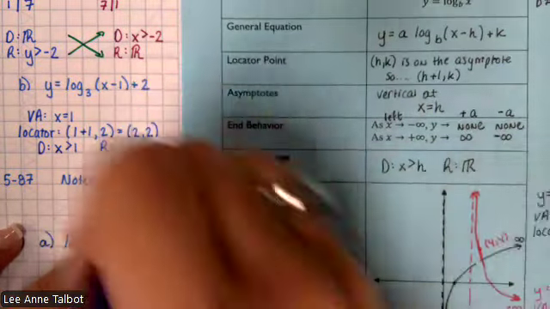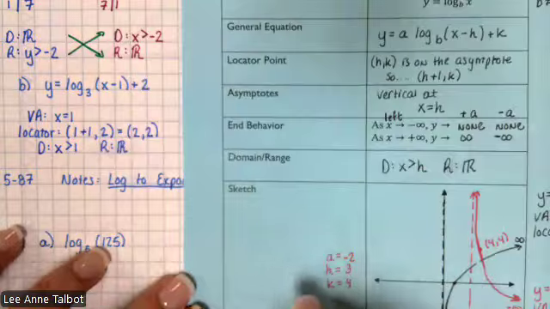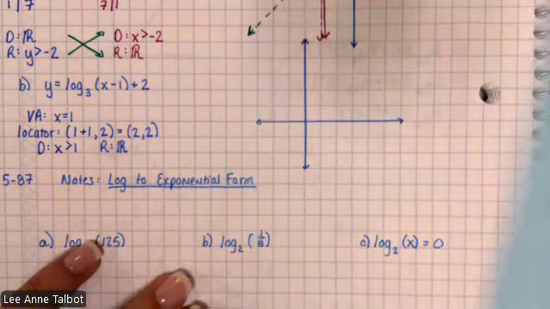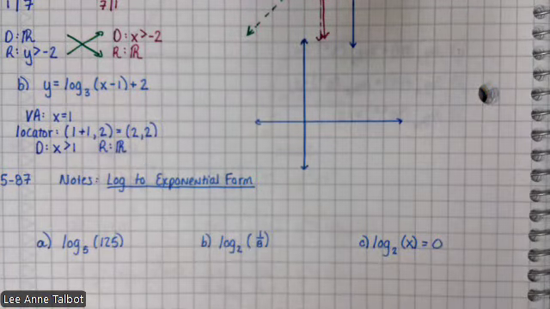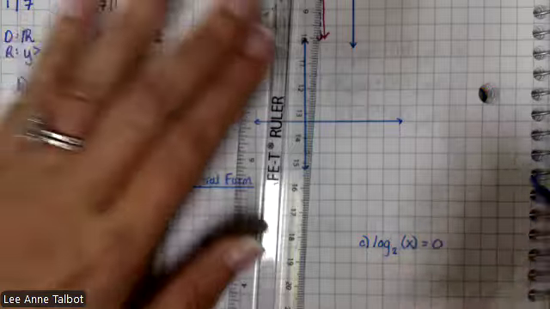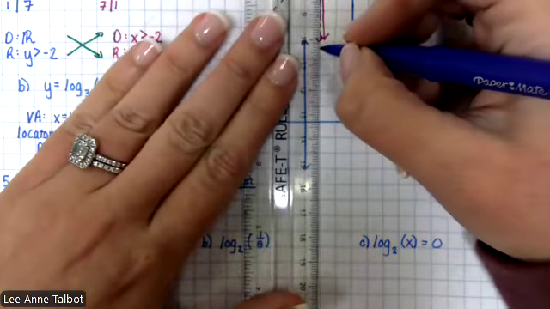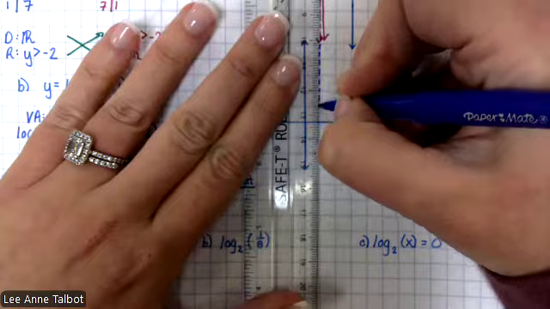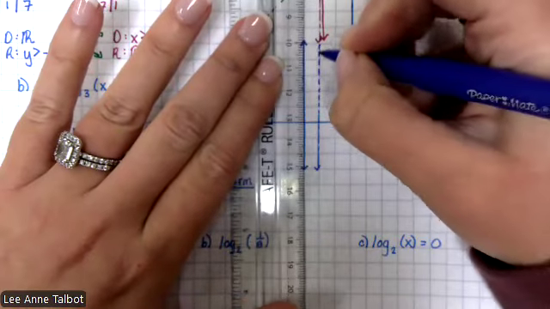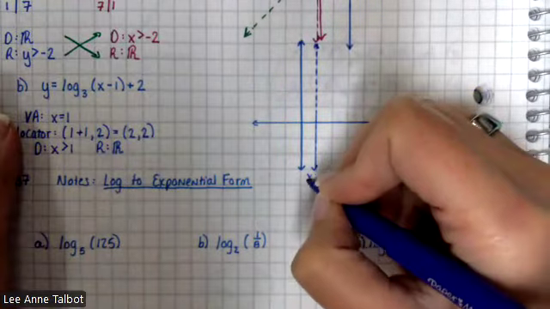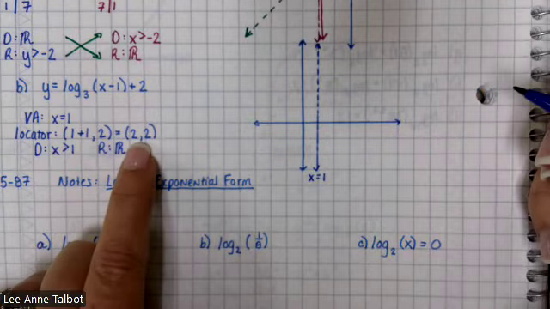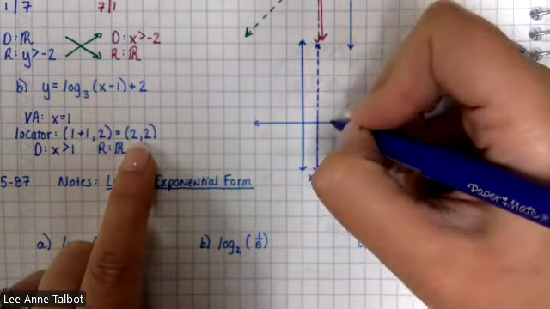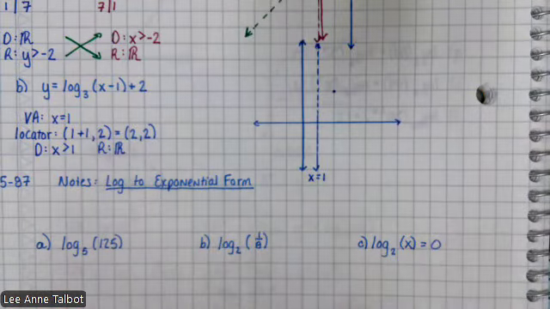Range. All real numbers. All right. So we're going to start with the vertical asymptote of 1. Then we're going to graph the locator point of 2, 2.